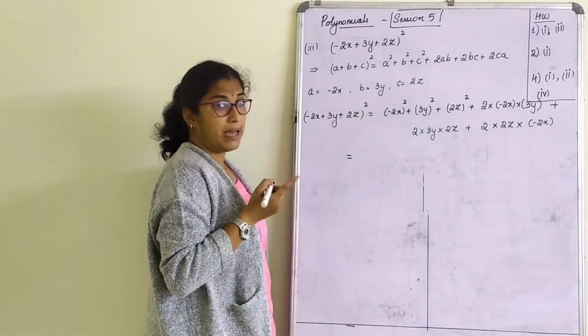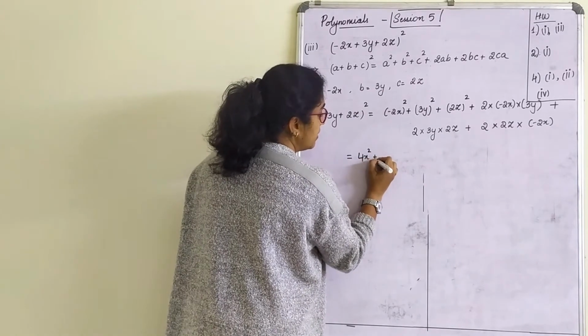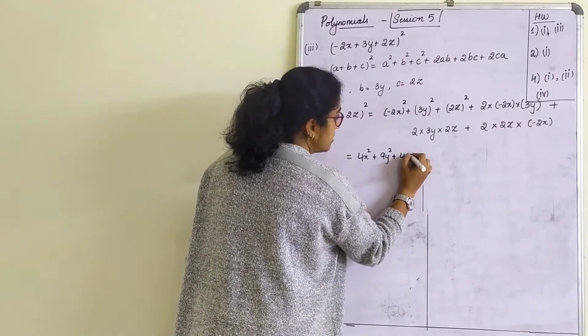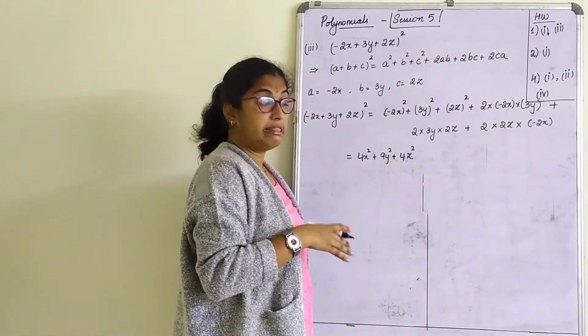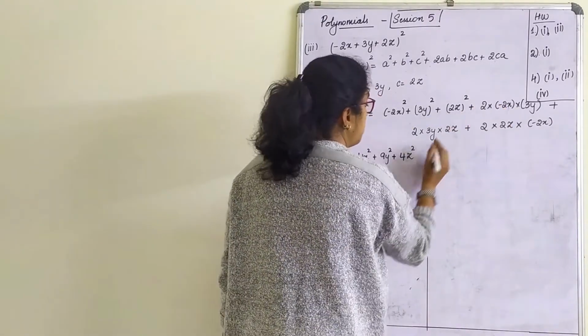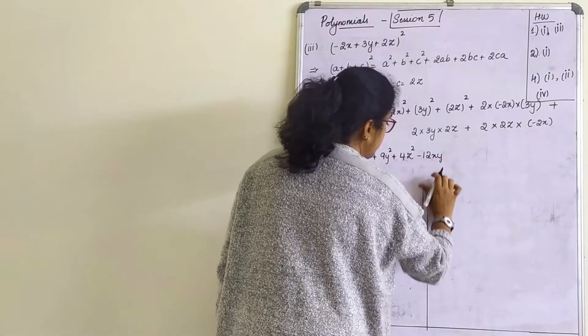2x square, minus raised to even power, so it is 4x square plus 9y square plus 4z square. We'll first multiply the numbers, then we'll put the sign. 2 2s are 4, 4 3s are 12, minus 12xy.